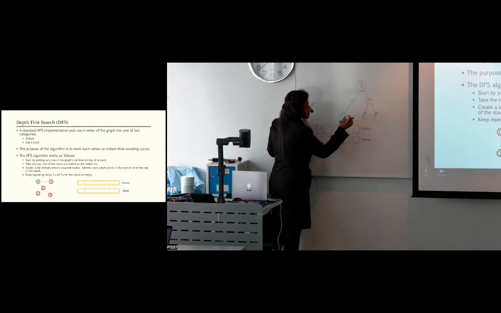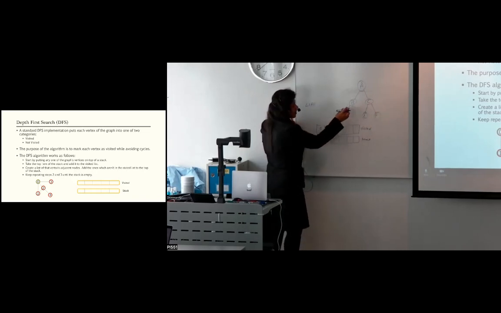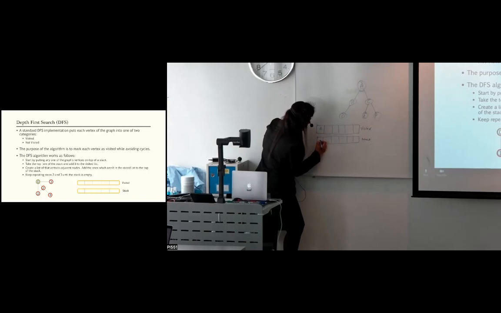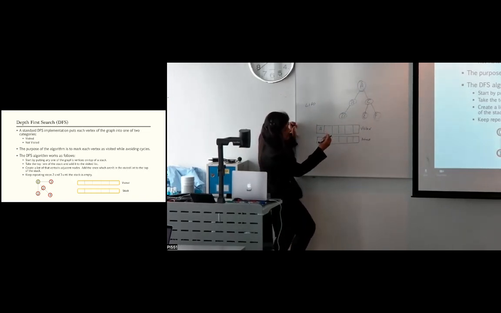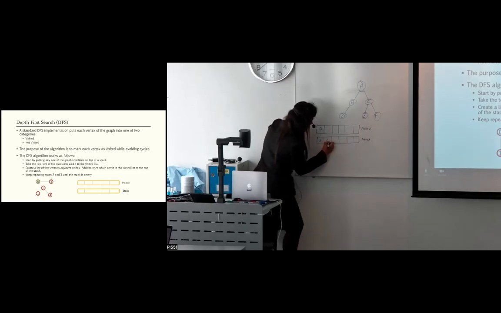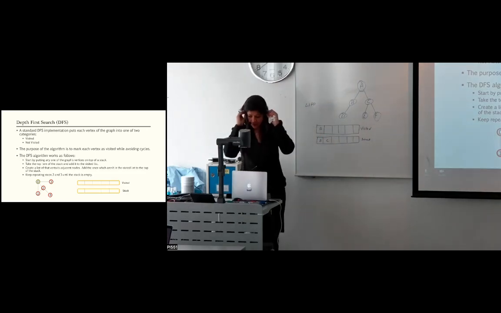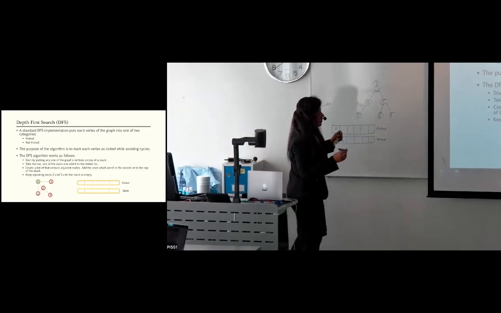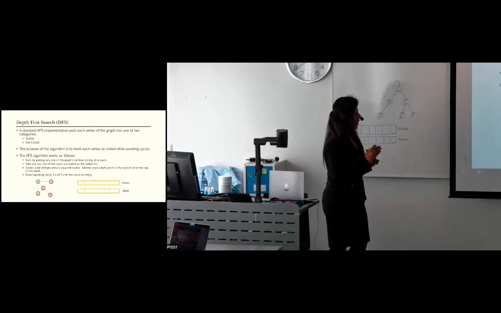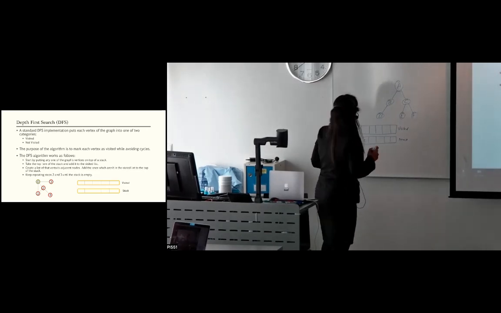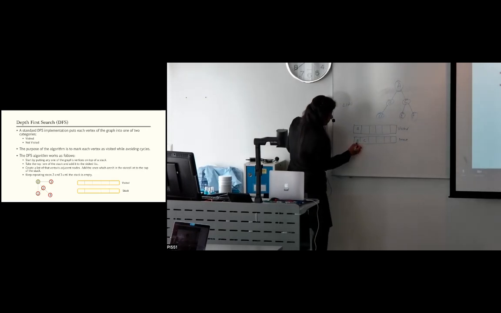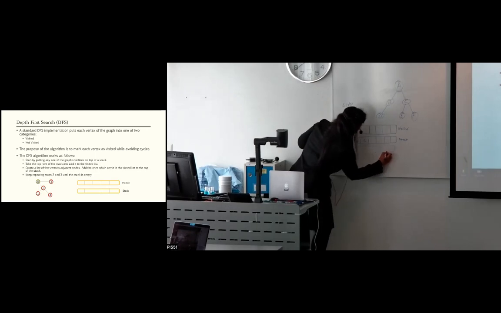In the stack, its children, B and C. Then, take the top item of the stack and add it to the visited list. What is the top one? B. So in the next step, what would be in the visited list?